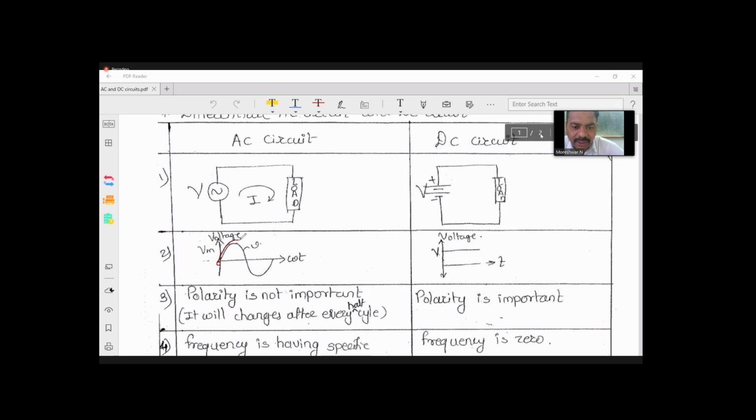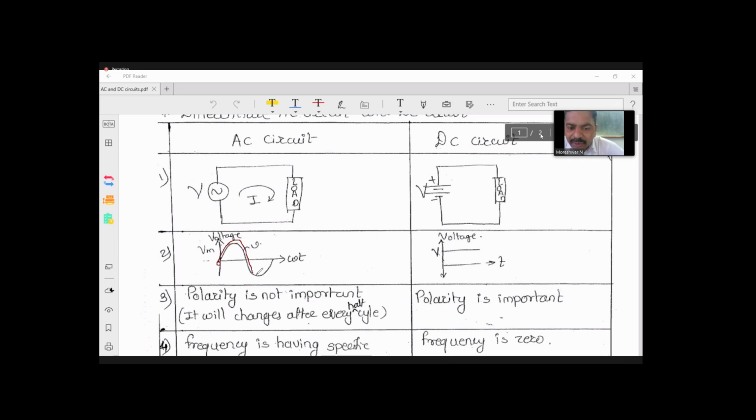Again it will become zero, and it continues in this way as long as the source voltage is there. This is a sinusoidal nature.